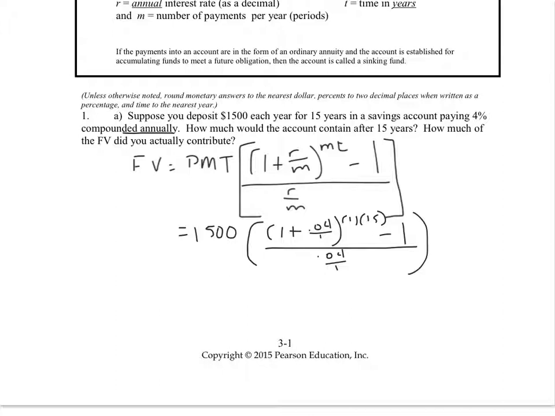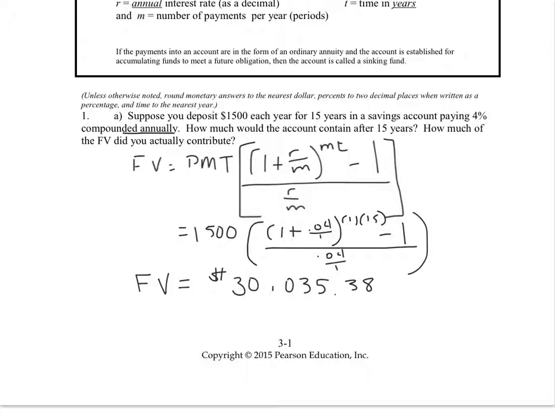And then take that number and divide it by 0.04. You're going to have a decimal number which you will then multiply times 1,500. And that should give you an amount of $30,035.38. And again, if you're having any calculator issues, please let me know. I'll be happy to help.